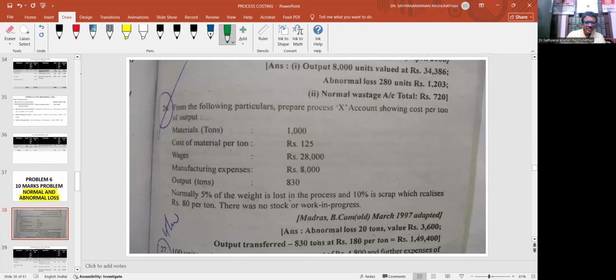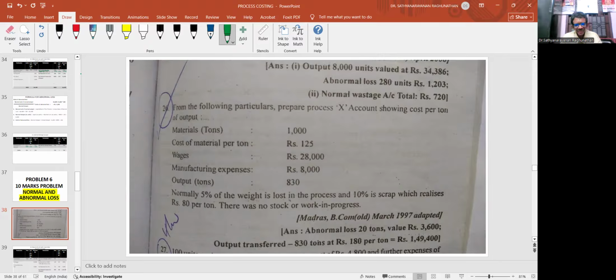See the question. From the following particulars, prepare process X account showing cost per ton of output. Material 1000 tons. Cost of material per ton rupees 125. Wages 28,000 rupees.